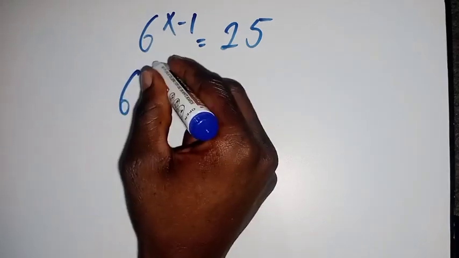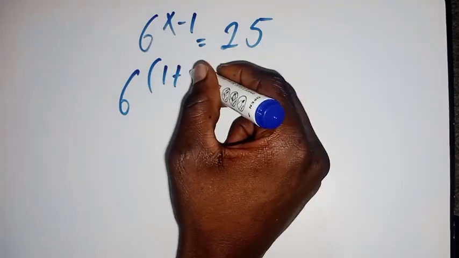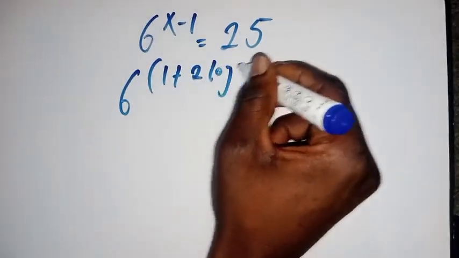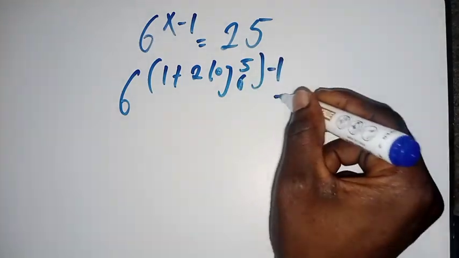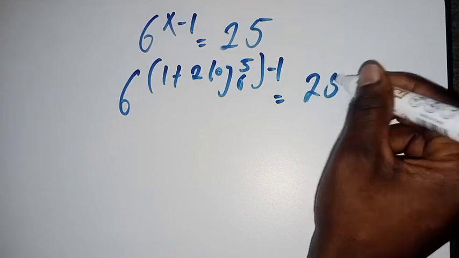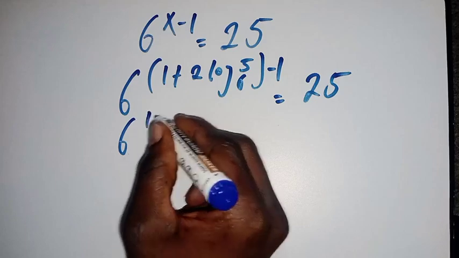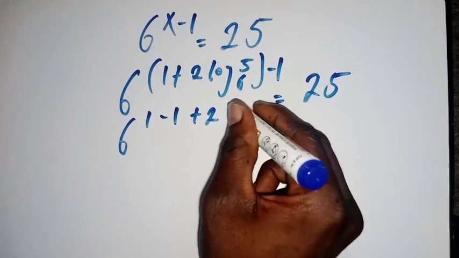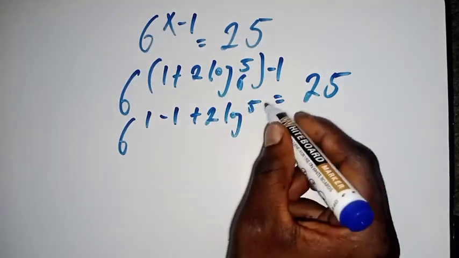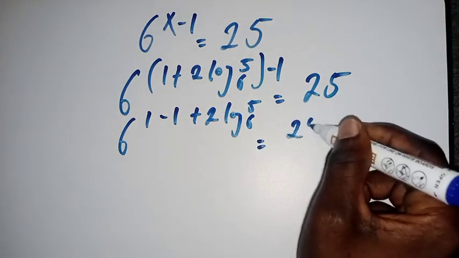We have 6 to the power of bracket 1 plus 2 log 5 base 6 minus 1 to be equal to 25. So this is 6 to the power of 1 minus 1 plus 2 log 5 base 6 is equal to 25.